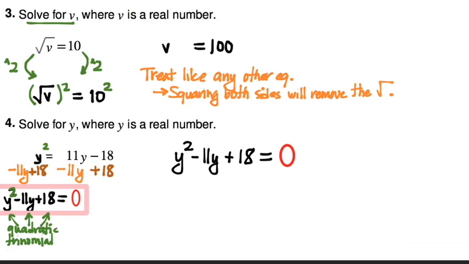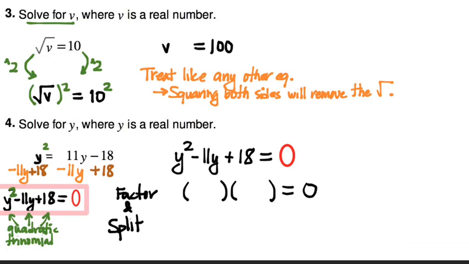So that's our strategy. We want to factor y squared minus 11y plus 18. And after we factor it, we'll be able to split it apart and solve each of the individual pieces.